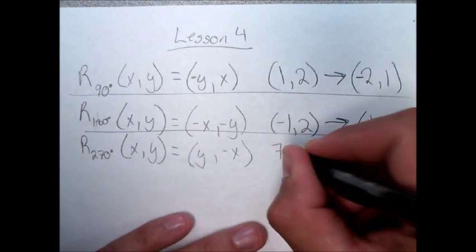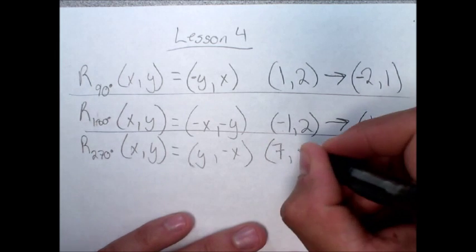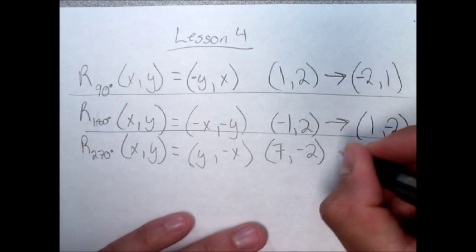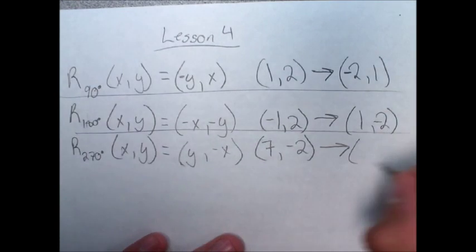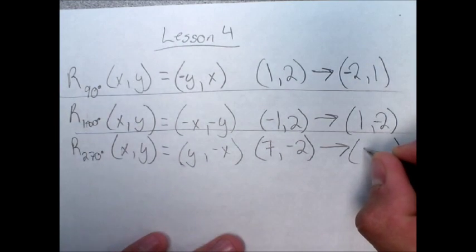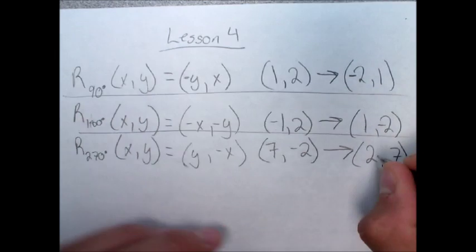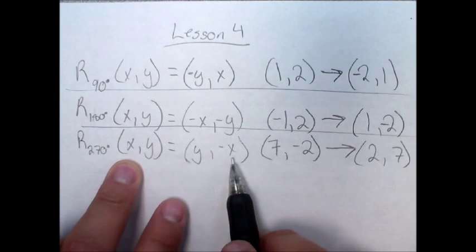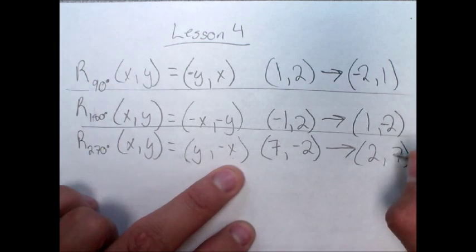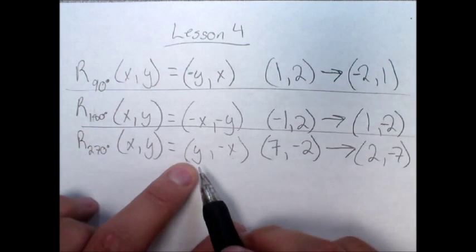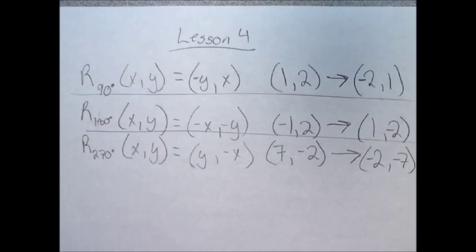All right. Last one. 7, -2. Alright, now these are going to flip-flop. So, you're going to have a 2 and a 7. Now it said your x is going to turn opposite. So if our x was 7 before, it's going to become a -7. And your y is going to stay the same. So since it was negative in the beginning, it's negative now.